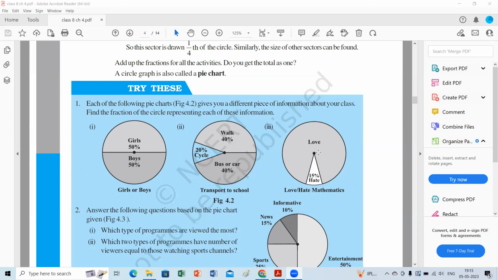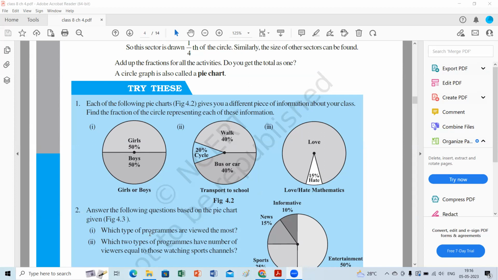What is the part of people who love maths, children, according to the given picture? 85%. 15% hate mathematics, right, children? This is only finding the fraction. 50% are girls means how are you supposed to calculate the fraction here, children? 50% of the total.